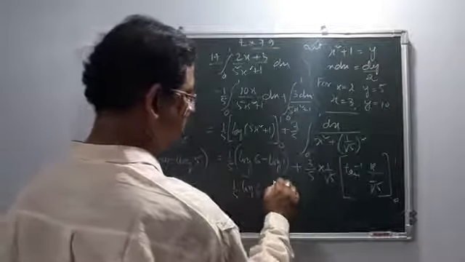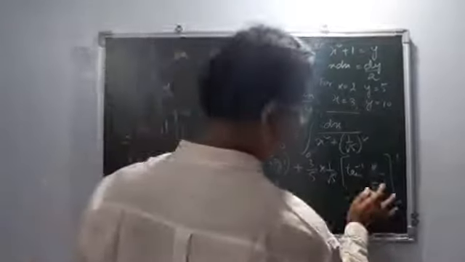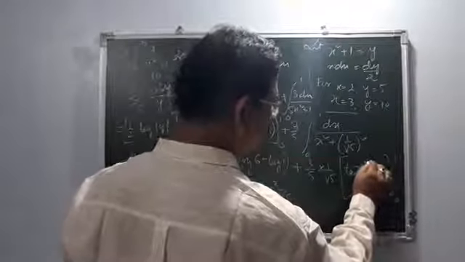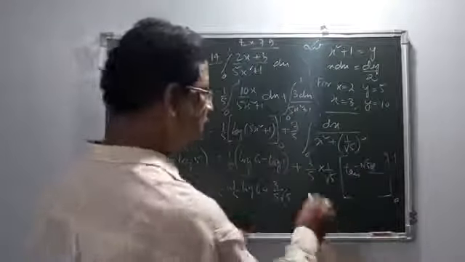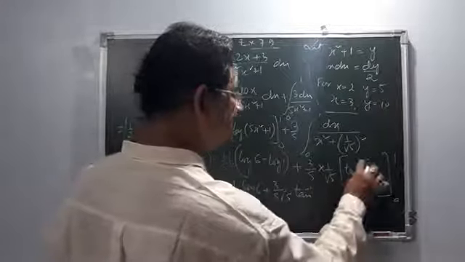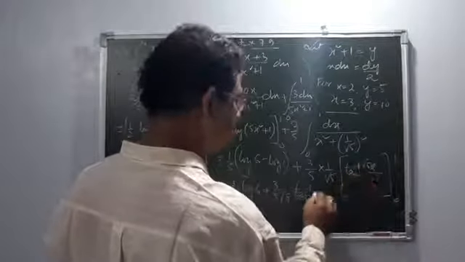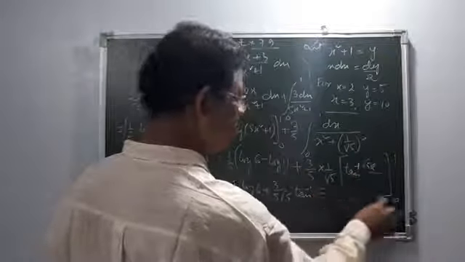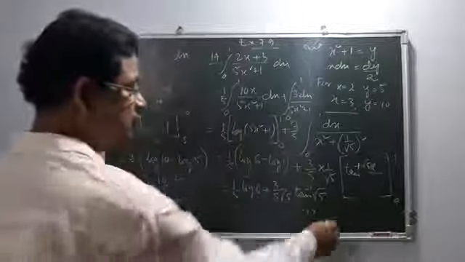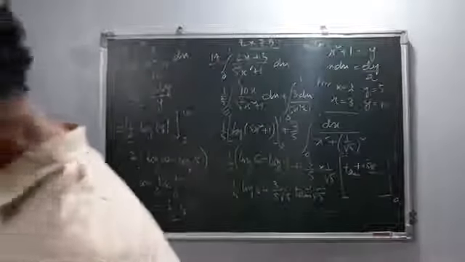Here 3 by 5 root 5, if you take it this side, then root 5 will go outside. Then tan inverse root 5 only, because tan inverse 0 is 0. So this is your answer of question number 14.